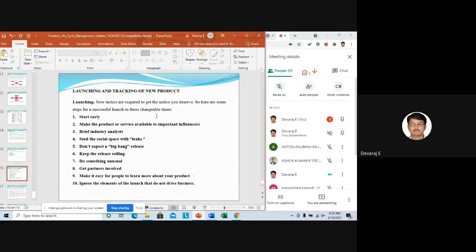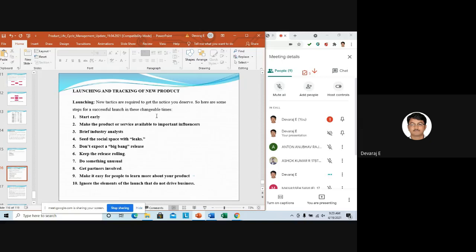Once you decide to go for new product development, say a car, you will tell the customers, I will give it in April or March, or June of 2022. That is the time you give to the customers.